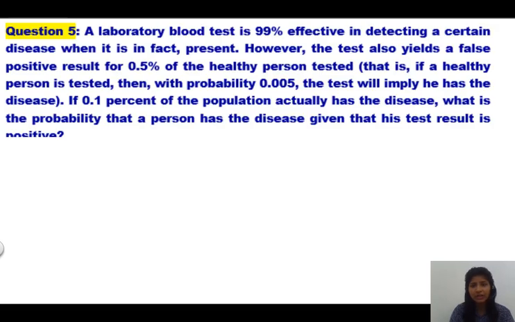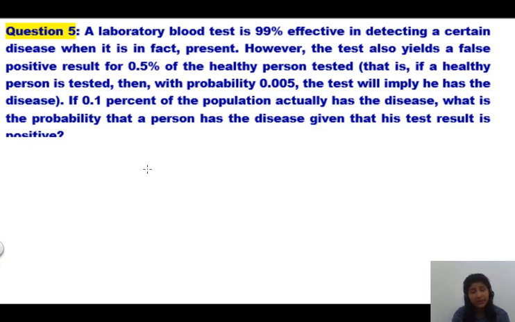Here is question number 5. In question number 5, they are saying that a laboratory blood test is 99% effective in detecting a certain disease when it is in fact present. That means 99% effective in detecting when the disease is actually present.